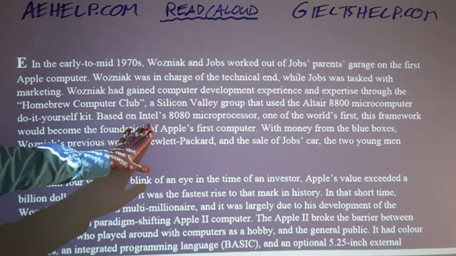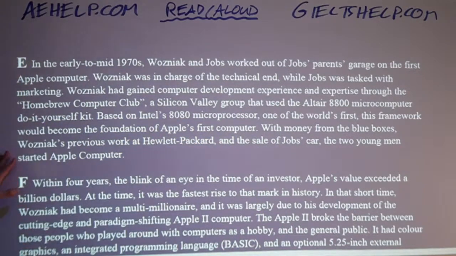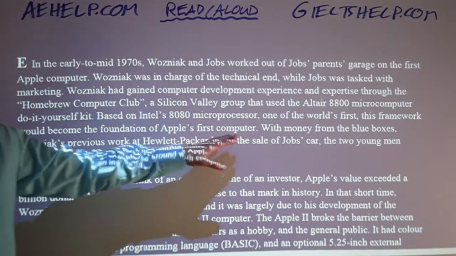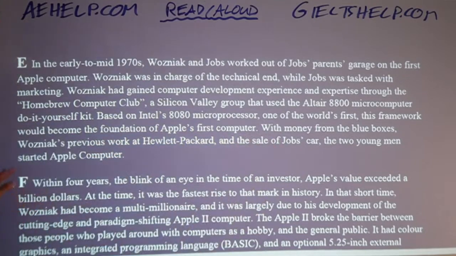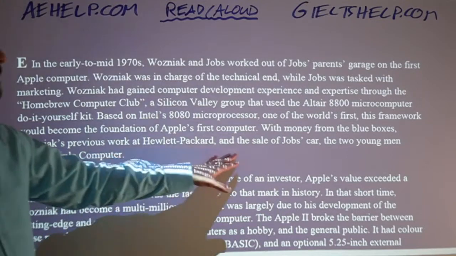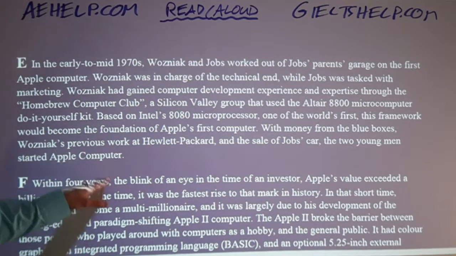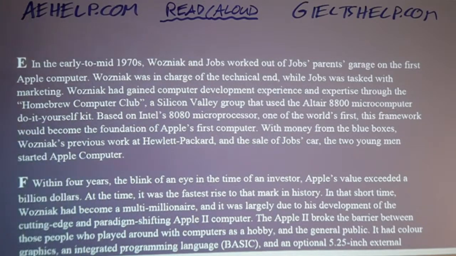Based on Intel's 8080 microprocessor, one of the world's first, this framework would become the foundation of Apple's first computer. With money from the blue boxes, Wozniak's previous work at Hewlett-Packard, and the sale of Jobs' car, the two young men started Apple Computer.